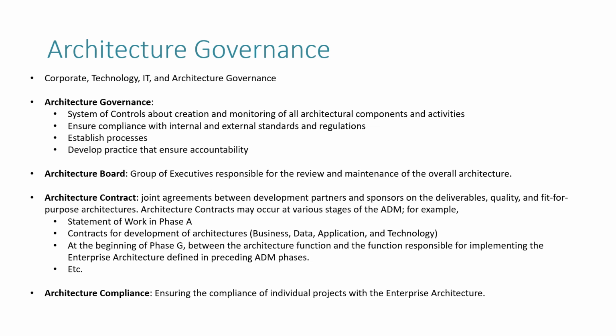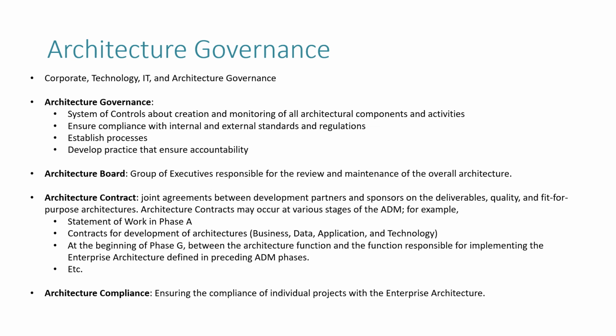Architecture governance will also establish processes that will support effective management of the above processes, and also KPIs. And it will also include developing practices that ensure accountability to the identified stakeholder community.